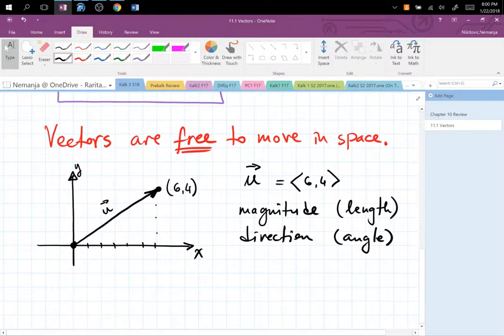So, Pythagorean theorem. Now magnitude will be denoted as the absolute value of vector u. So, absolute value in vector notation means the length.